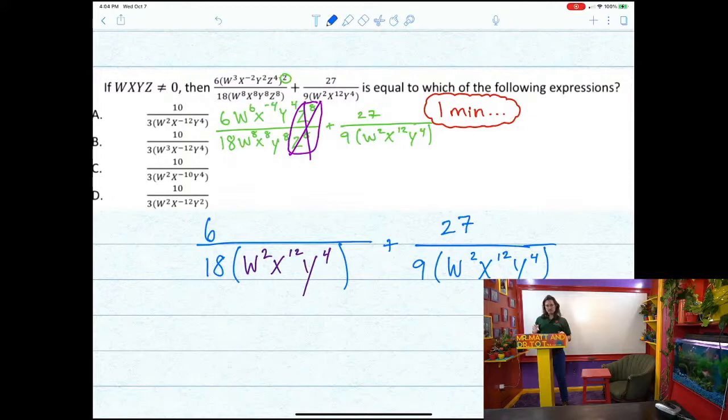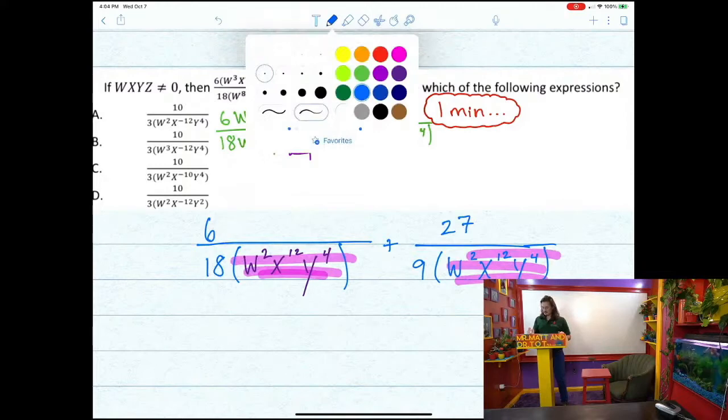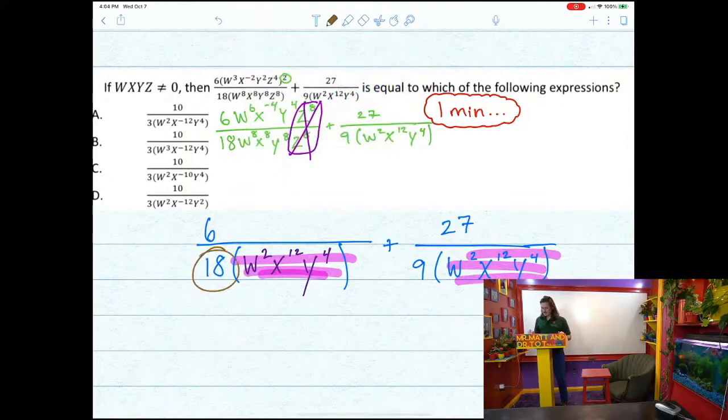Now what I would suggest is you need to get common denominators here in order to add these values together. The only thing they're missing is that they share these terms right here, but 18 and 9 are not matching up.